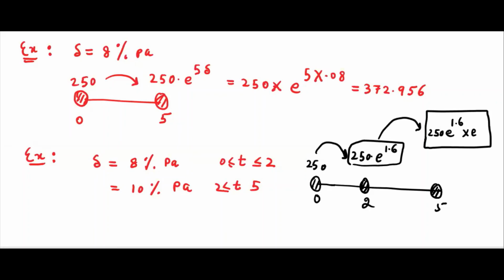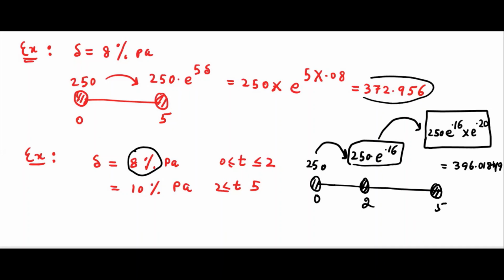Sorry, there is a problem. This is 0.16, right? Because this is 0.08 into 2. And then this is 0.10 into 3. That is 0.30. If you find this, you get 396.01849.